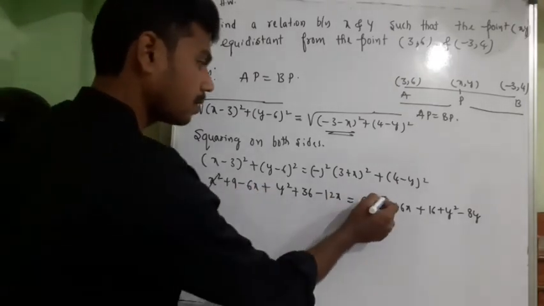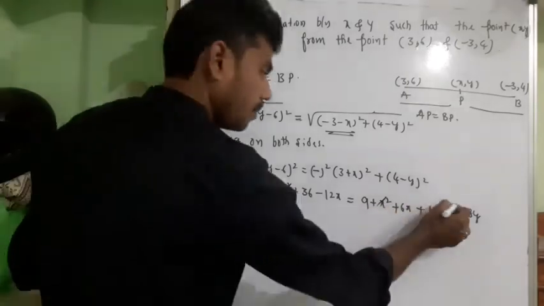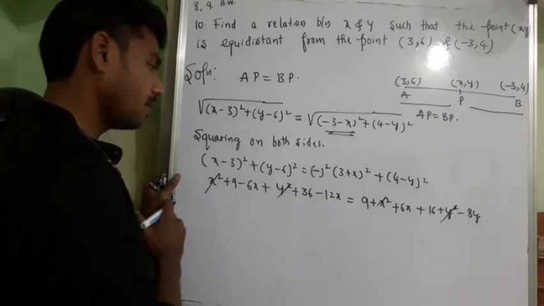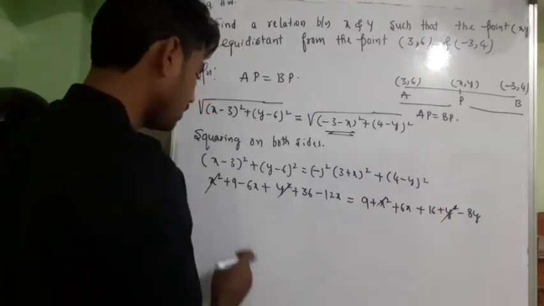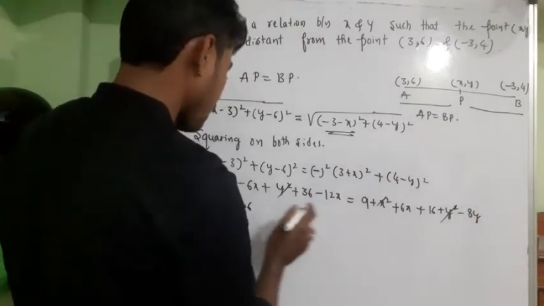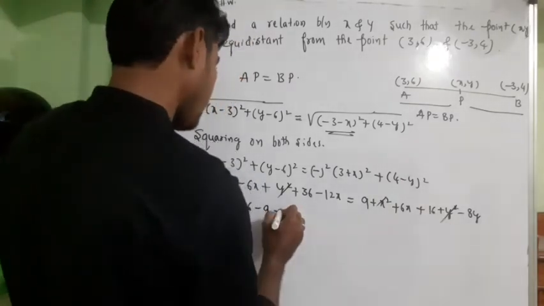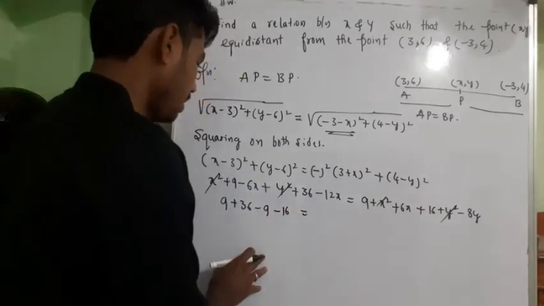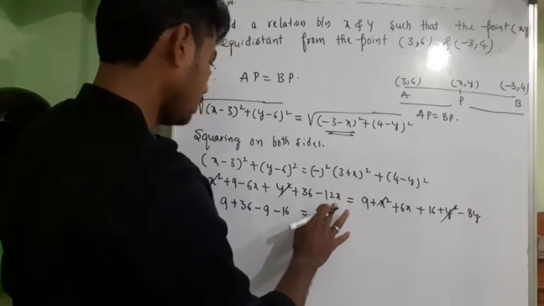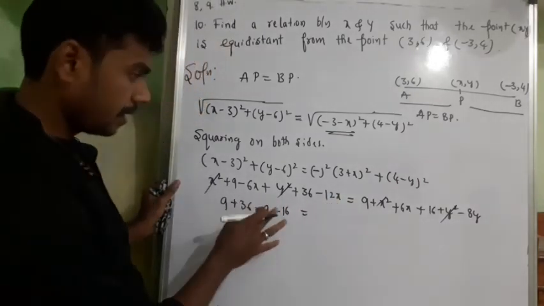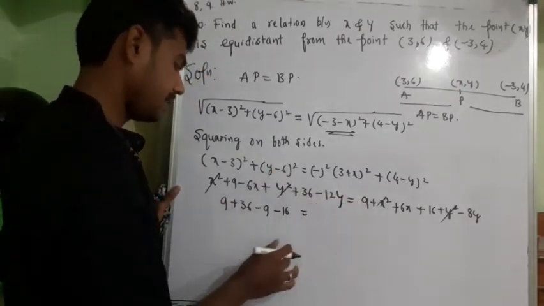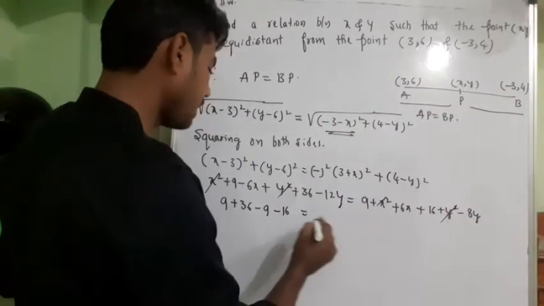so x square will get cancelled. y square will get cancelled. Next, what do we have? So we will take all the constants one side and all the variables the other side. So 9 plus 36 minus 9 minus 16 is equal to, next, minus 6x if I transfer to the right hand side, it will become 6x.